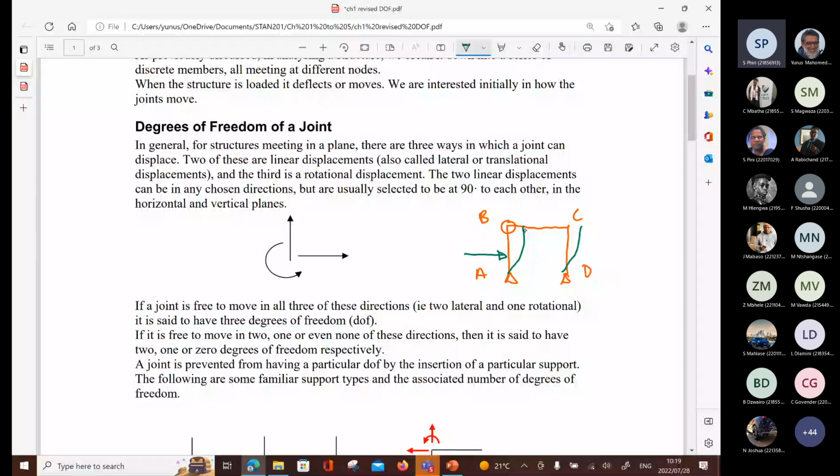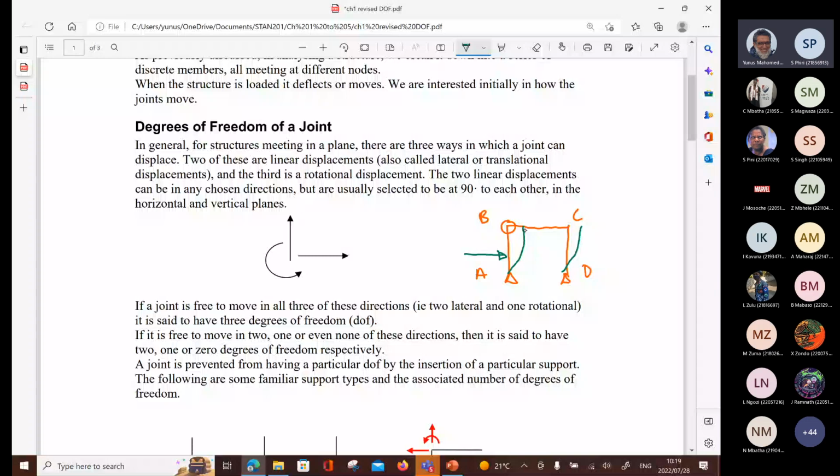We'll get more into this in qualitative analysis, but for now I know it's going to do that. So when I look at this, that joint has moved to that particular point. There's a horizontal deflection, there may be a little bit of a vertical deflection, and there's a rotation that has taken place.